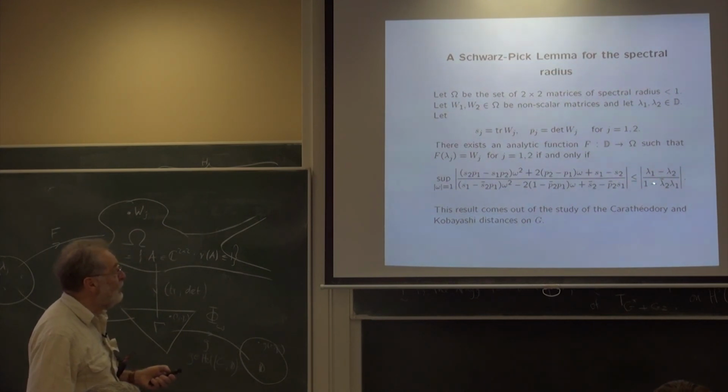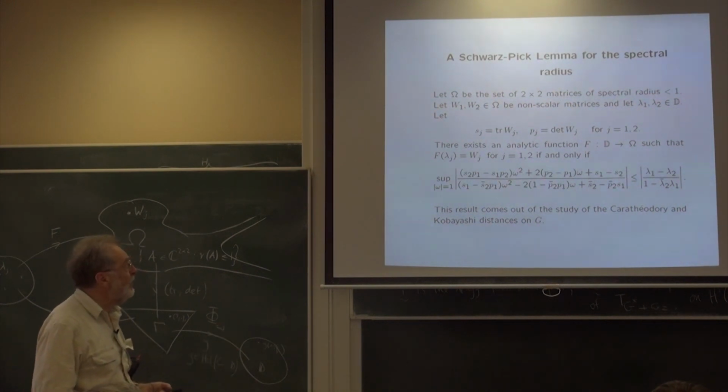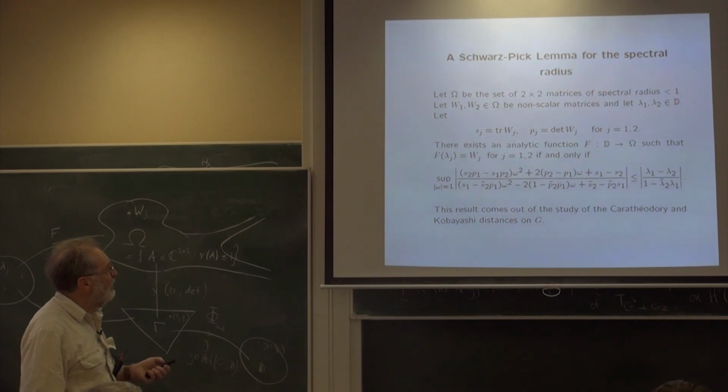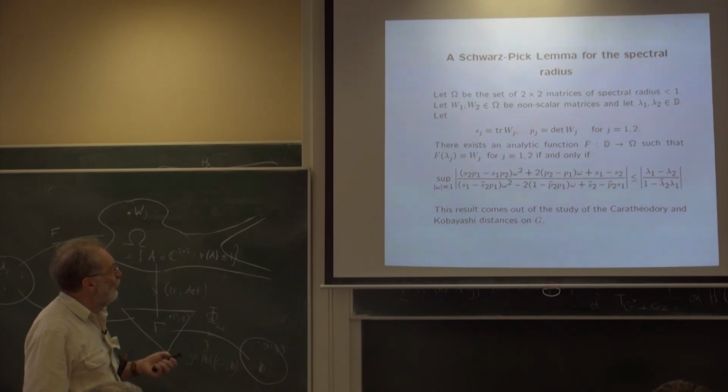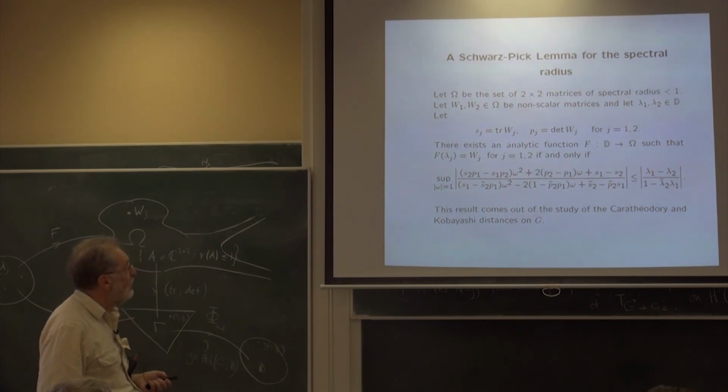So on the right you have the pseudo-hyperbolic distance from lambda 1 to lambda 2, as in the classical Schwarz-Pick lemma. On the left, instead of having another pseudo-hyperbolic distance, you have this rather complicated looking expression. So it's the supremum on the unit circle of a fractional quadratic.